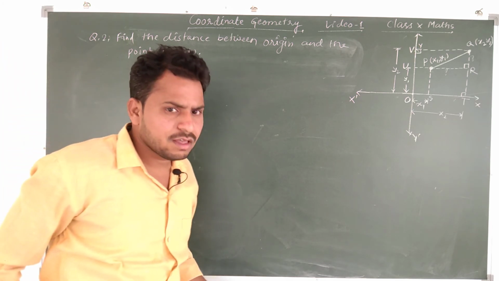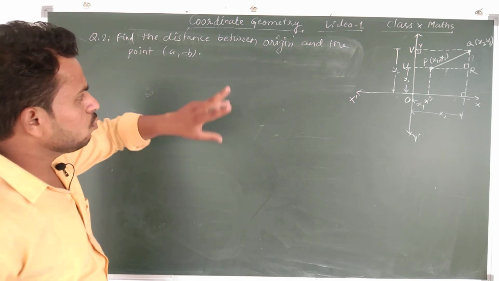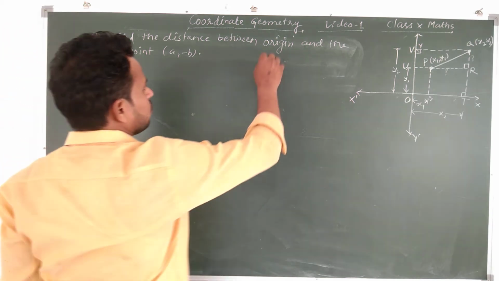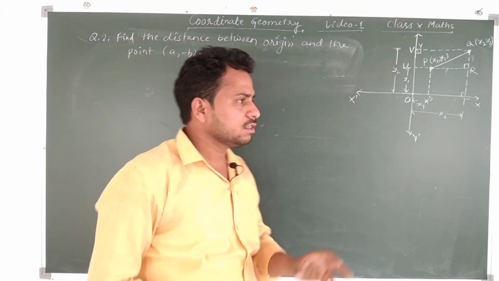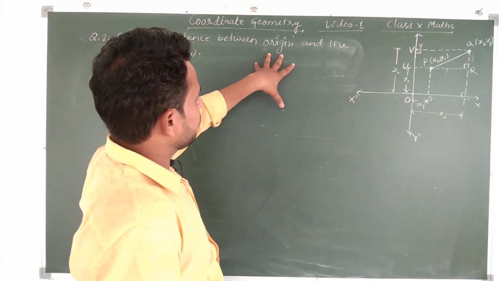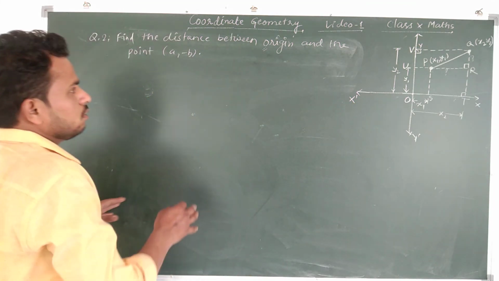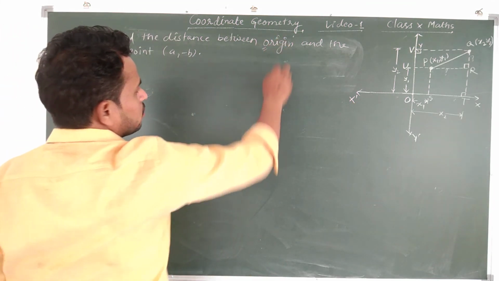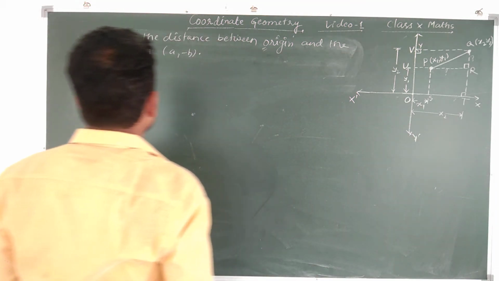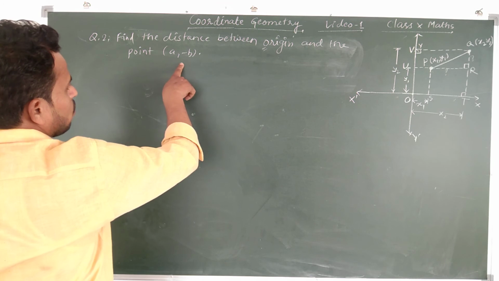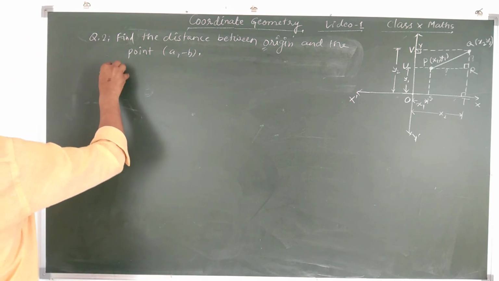So here we have 2 points. One point has a coordinate but we don't know what it is; we see it here, the point (a, -b). So solve.